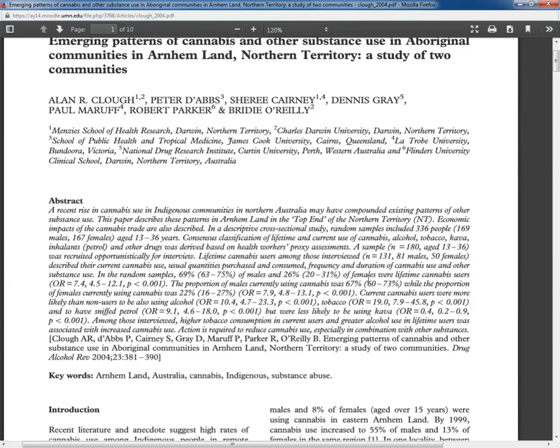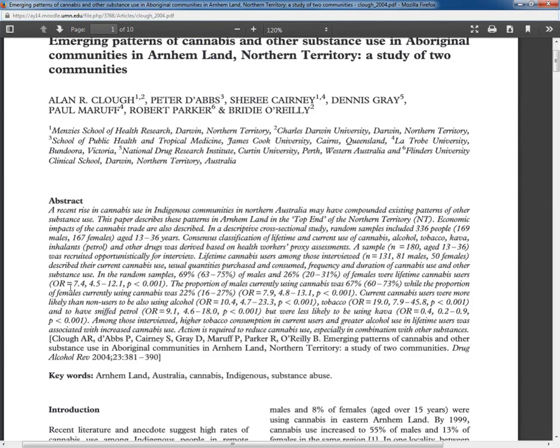So, for example, right in the middle, they present results about lifetime cannabis use. It turns out that 69% of males and 26% of females were lifetime cannabis users, and the odds ratio of male to female, because they listed males first, then females, is telling you that males are in the numerator and females in the denominator.